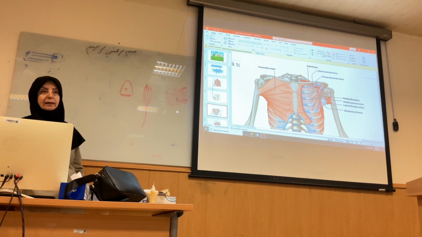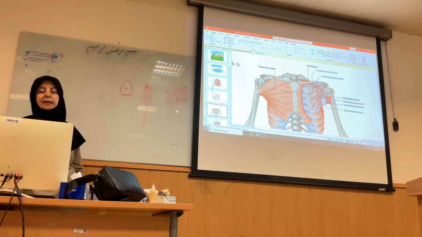It is triangle. Origin, it is going to attach to the third, fourth, and fifth ribs. Sometimes we have variation. It is possible in some of us, some part of the muscle fiber attaches to the second, or some of the muscle fiber attaches to the sixth. But normally, in most people, we have attachment to the third, fourth, and fifth ribs.